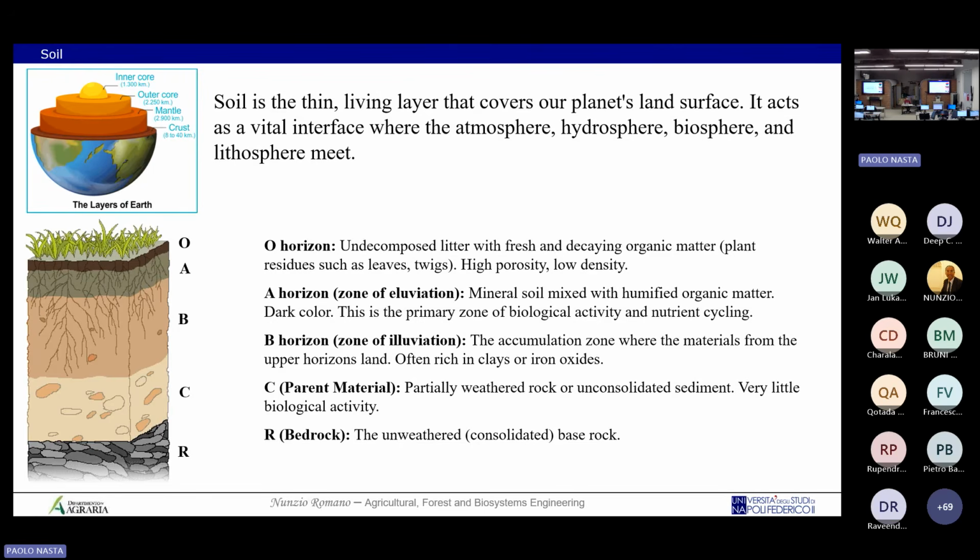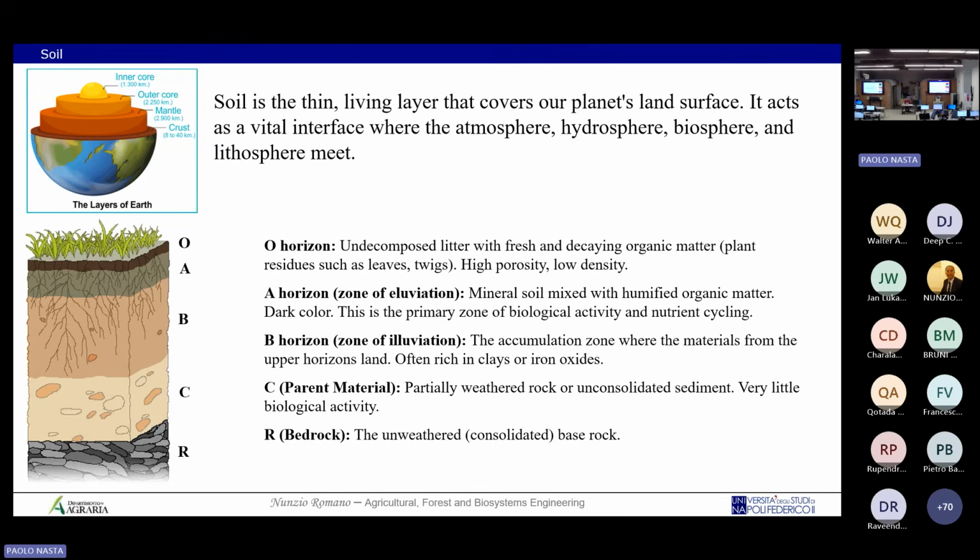This soil tends to eluviate downward by erosion and accumulate in the B horizon, which is the zone of illuviation. Basically, it's the accumulation zone where the clay and the iron oxides accumulate across time.